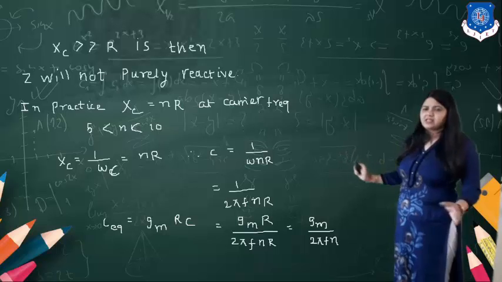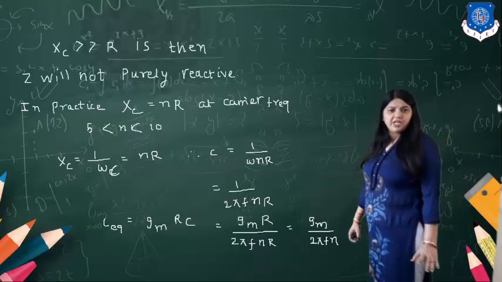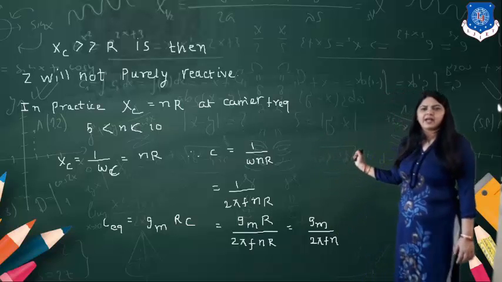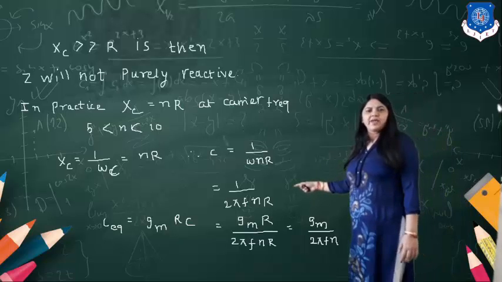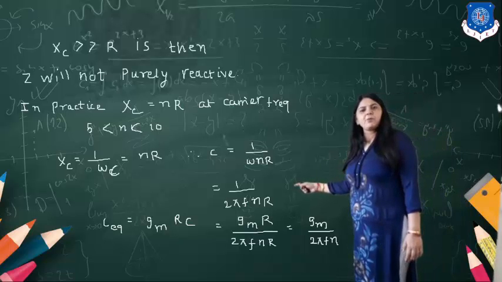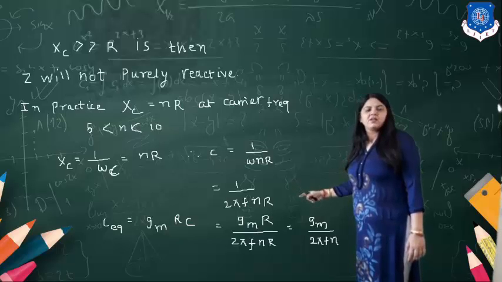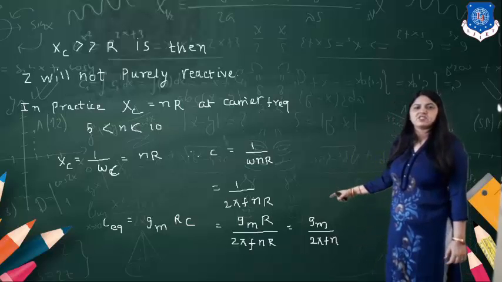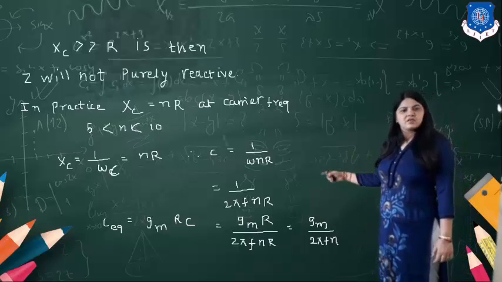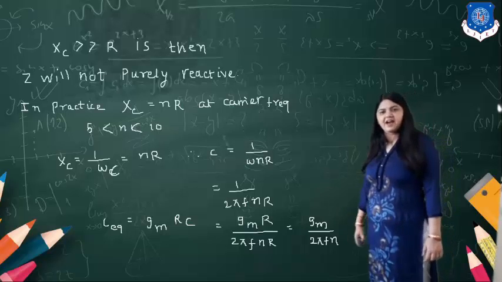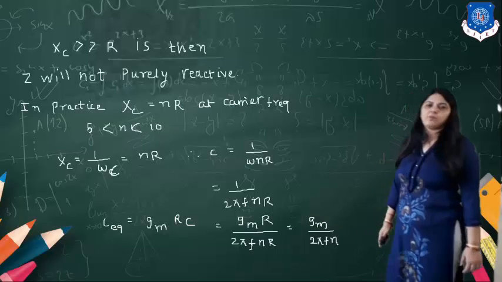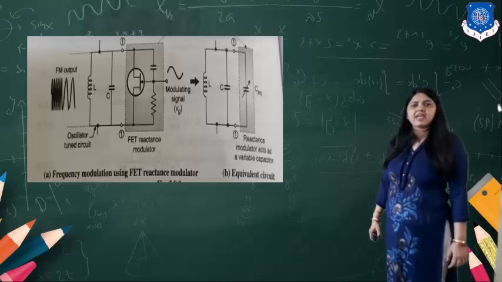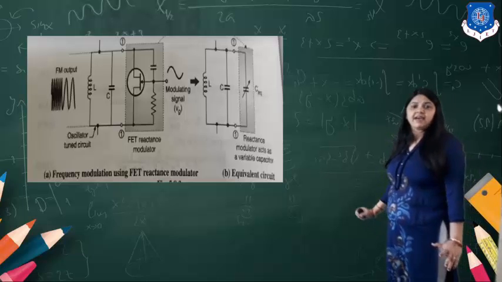XC is 1 upon omega C, so 1 upon omega C is equal to N R, and C is 1 upon omega N R, where omega is 2 pi f, so it is 1 upon 2 pi f N R. So C equivalent is Gm into R C, which is Gm into R upon 2 pi f N R, so it is Gm upon 2 pi f N. This way we can have the C equivalent value.